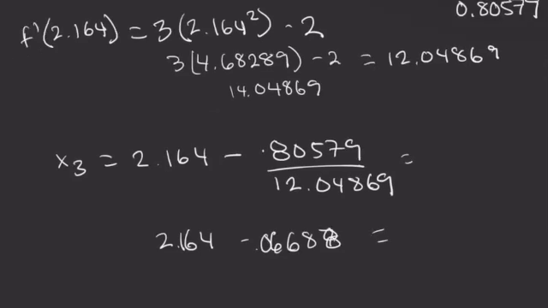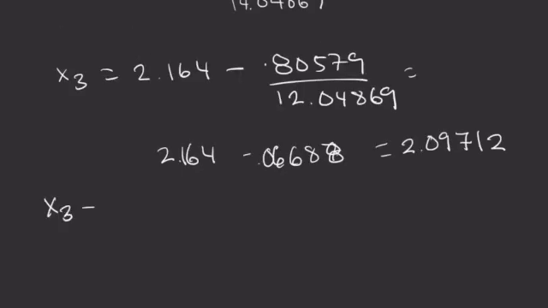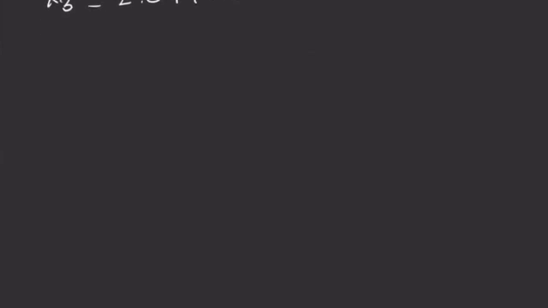All of that gives us 2.09712. Now we have x3 equals 2.09712. So we're going to continue to plug this in.